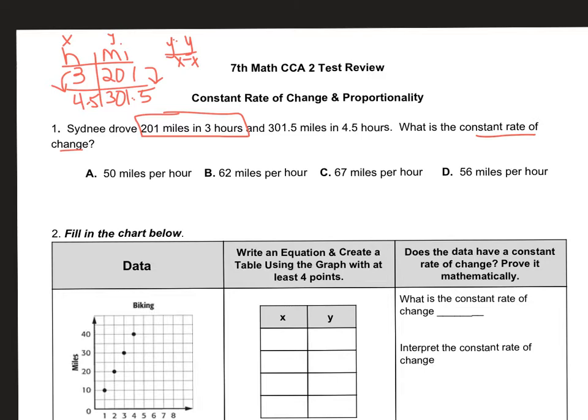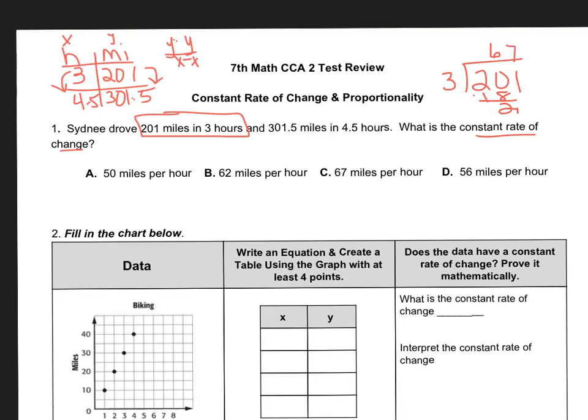Or we can simply divide by finding our unit rate. So I'm going to choose to do that. I want to know how many miles she drove in 1 hour. When I divide 201 by 3, that gives me 67 miles.